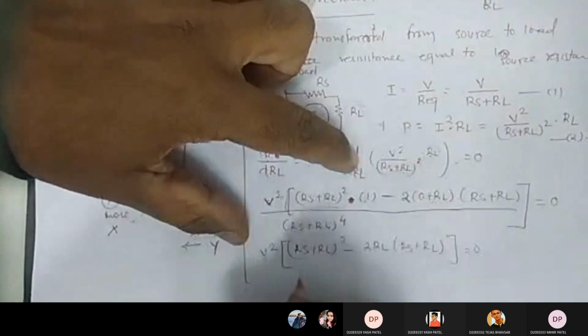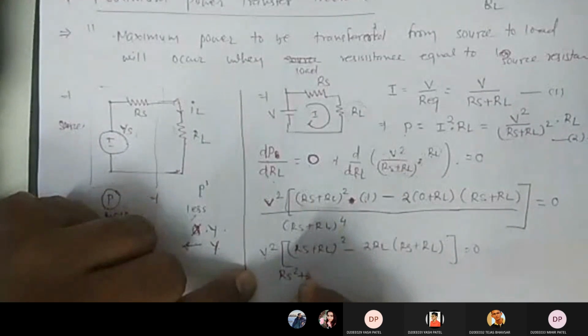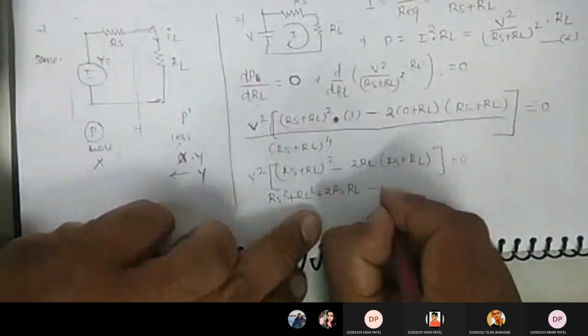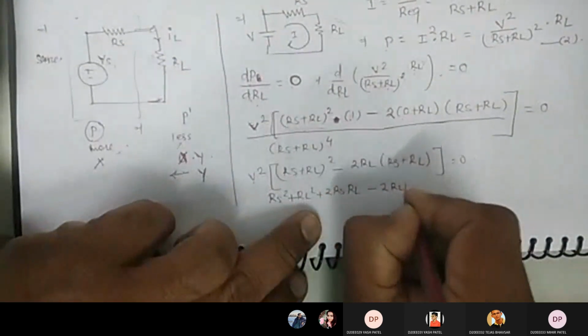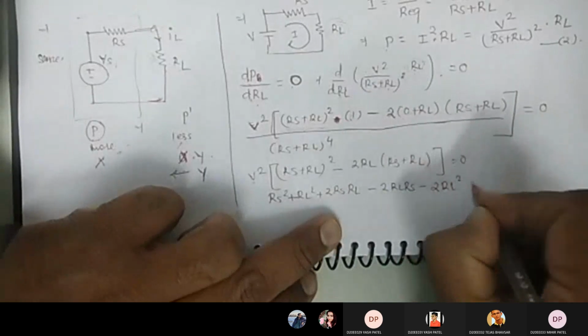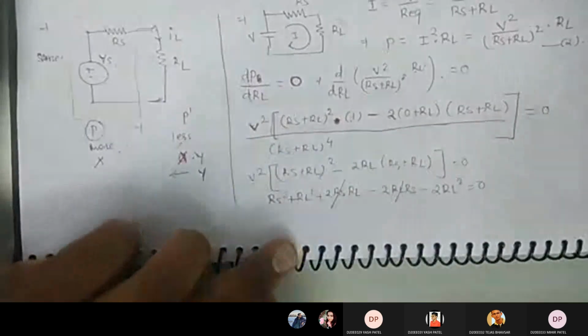V square goes away, so again it becomes 0. I open this bracket: RS square plus RL square plus 2RS into RL, minus 2RL into RS minus 2RL square is equal to 0. These 2 terms, plus and minus, are cancelled out.